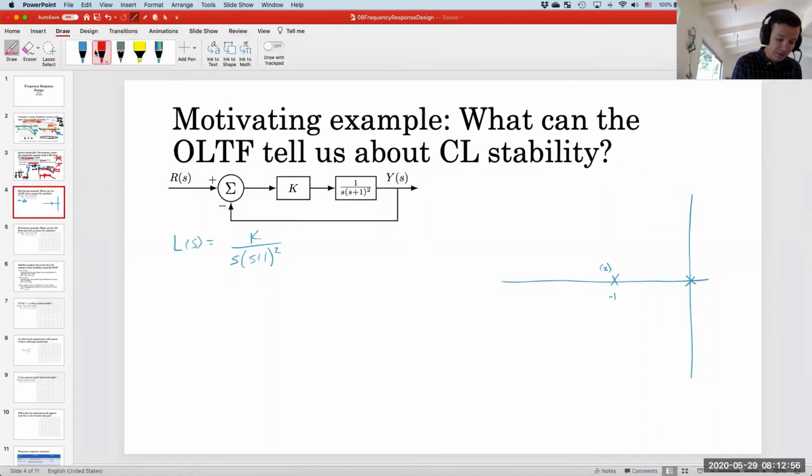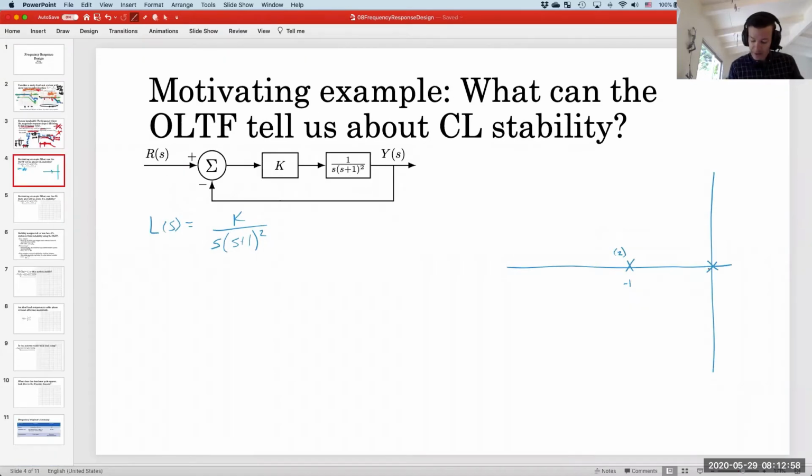So let's ascertain what parts of the real axis could be in the locus, and I think everywhere to the left of the origin actually is in the locus, right? Because we always have an odd number of things to the right once we cross over the imaginary axis here. So that means there's going to be one closed loop pole traveling west, and there's going to be one that departs -1 heading to the east, and the one from the origin will depart heading west.